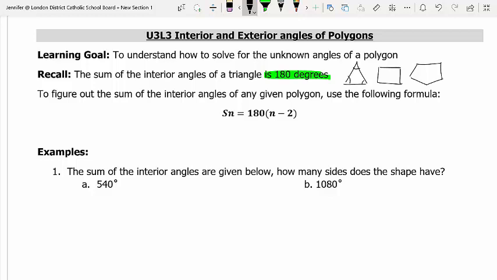So, to figure out what the sum of the interior angles add up to in any polygon with n amount of sides, you want to use this formula. So for example, if I wanted to know what do the interior angles all add up to in an 8-sided shape, so an octagon, what you would do is you would plug in 8 into n and solve.